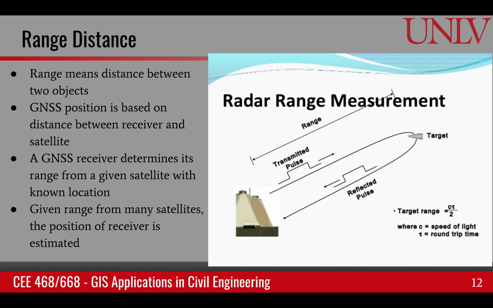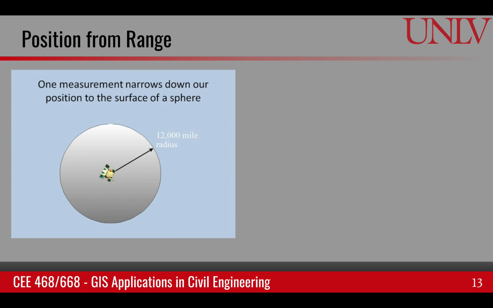But once the range is determined and we know the location of the satellite, we can start estimating the location of the receiver. So here is an example. Let's say this is the location of the satellite, and the receiver determines that it is 12,000 miles from the satellite. So the receiver can be anywhere on this sphere of the radius 12,000 miles if only one satellite signal was available.